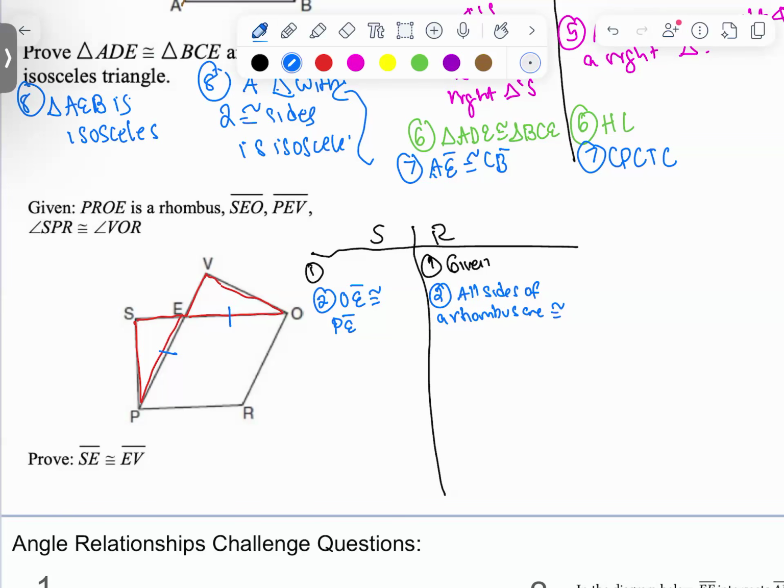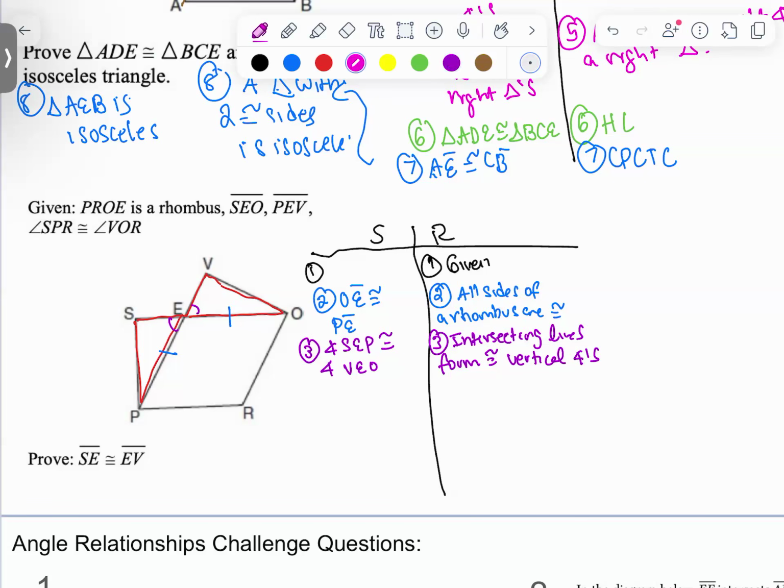All of that's fine. We also have vertical angles. Intersecting lines form congruent vertical angles.